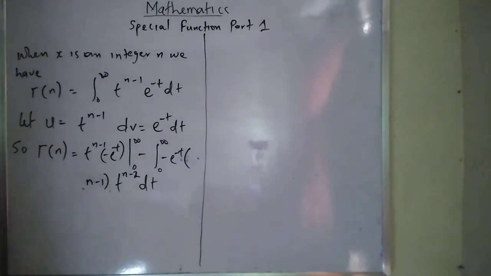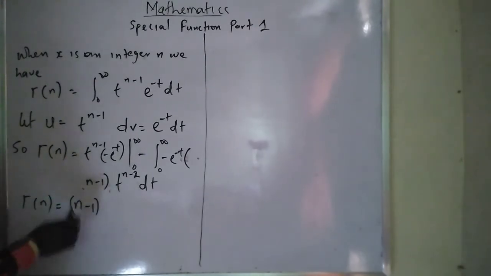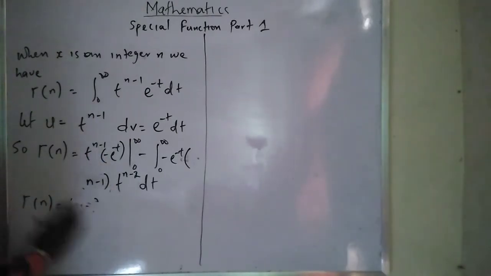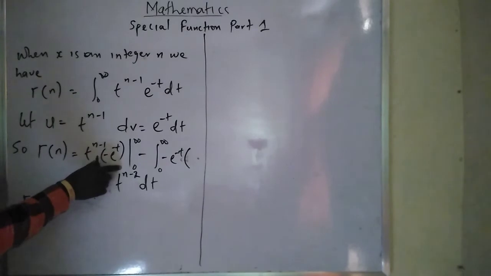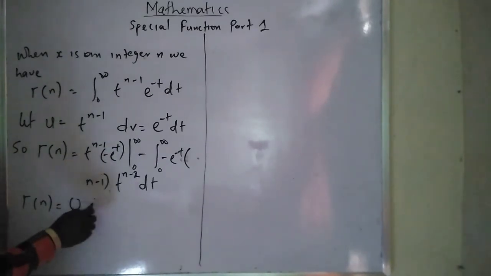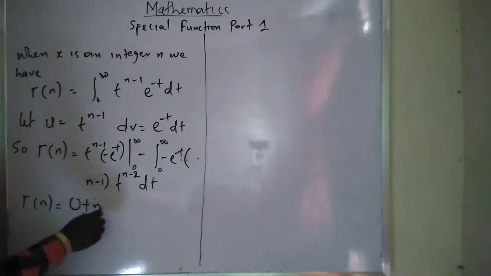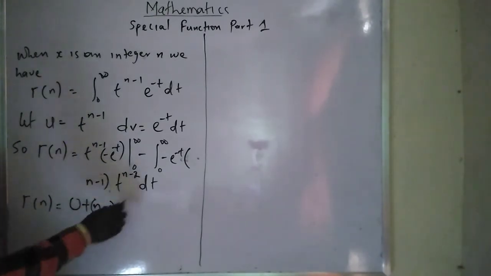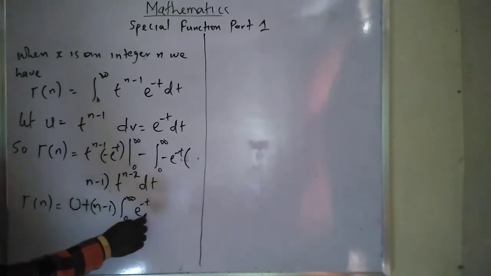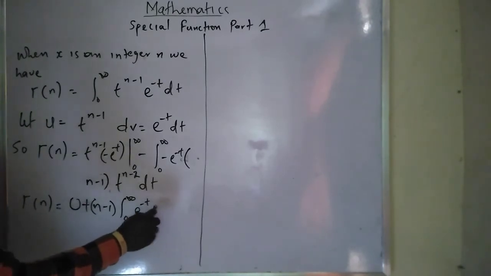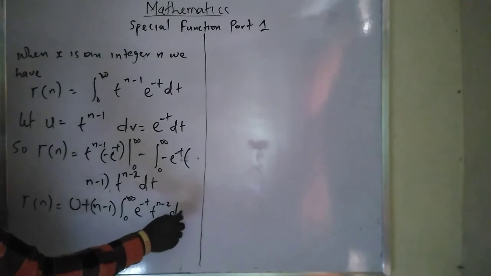Once I have this, it means my gamma of n will equal n minus 1 times the integral from 0 to infinity of e raised to power minus t and t raised to power n minus 2 dt, because everything that is here becomes 0.